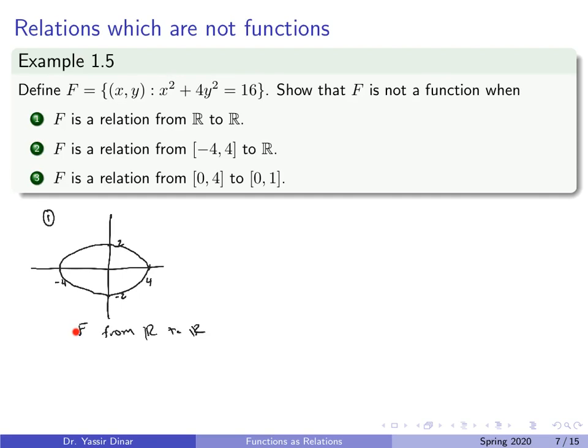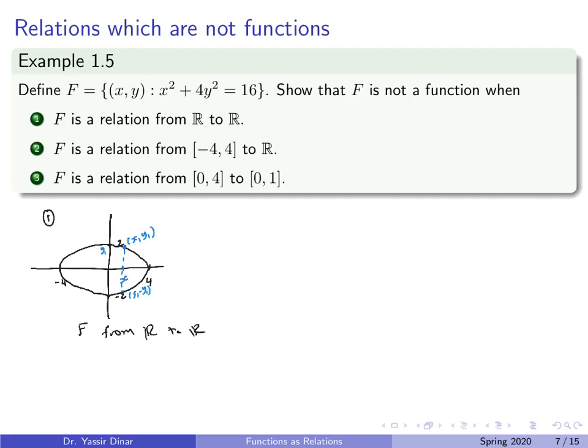This is the graph of f when we take it as a relation from R to R. It is the ellipse which intersects the x-axis at the points -4 and 4, and the y-axis at the points -2 and 2. We see from the graph that if the point x is inside the ellipse, then we can find two points, say y1, so that (x, y1) is in the relation, and also (x, -y1) is in the relation.